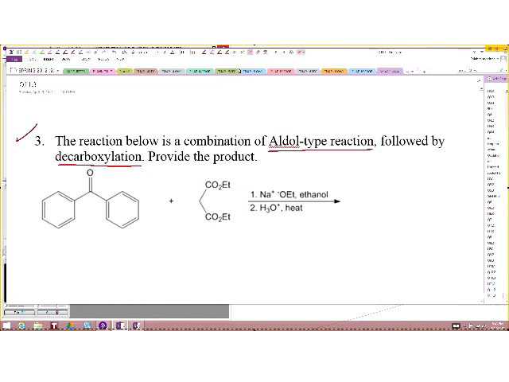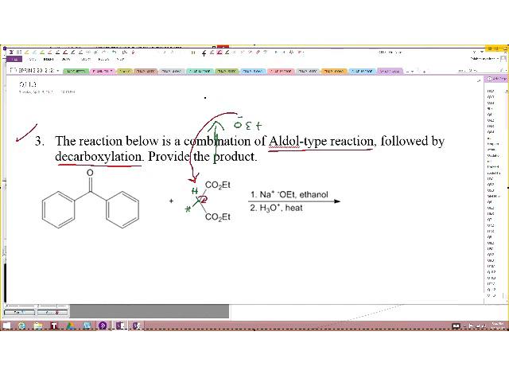You form the enolate using the malonate? Okay, very good. So we have this. We have 2 hydrogens here. So this comes here. We grab this here, and this electron stays on this carbon.